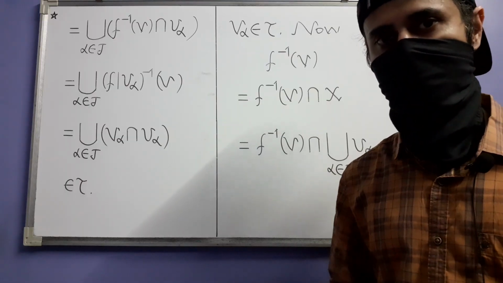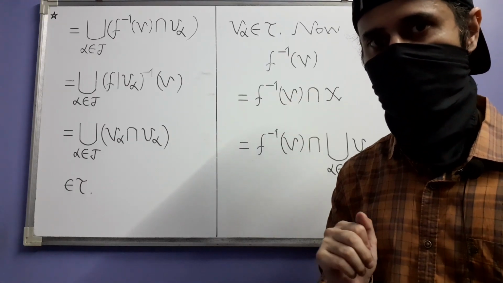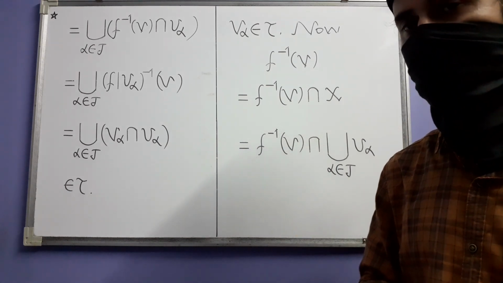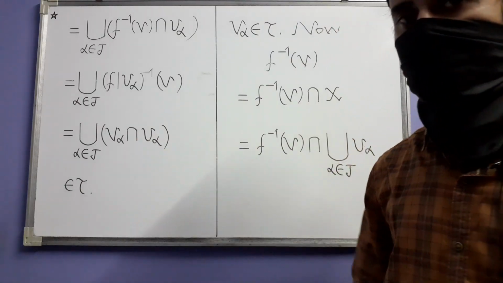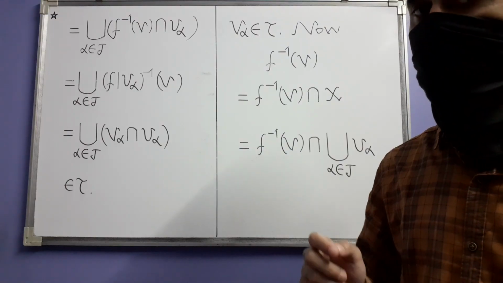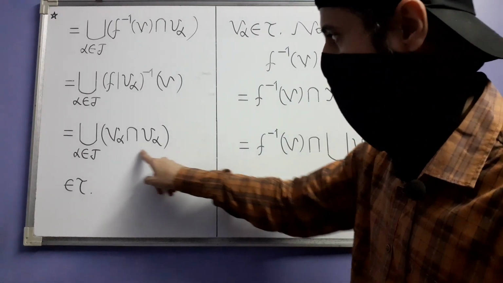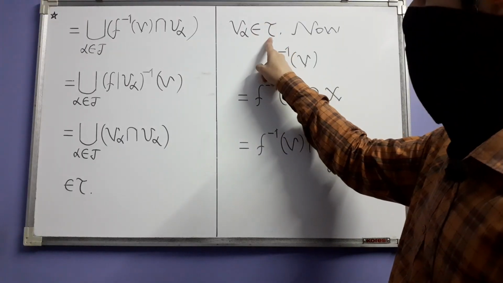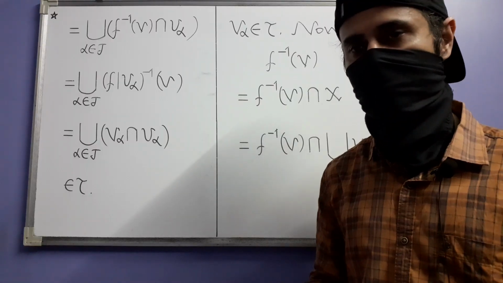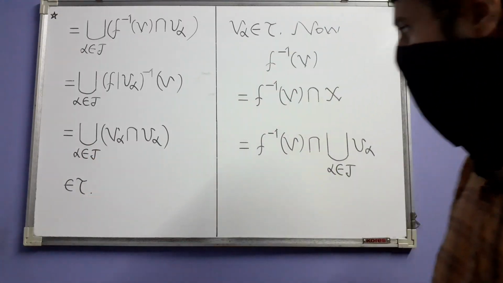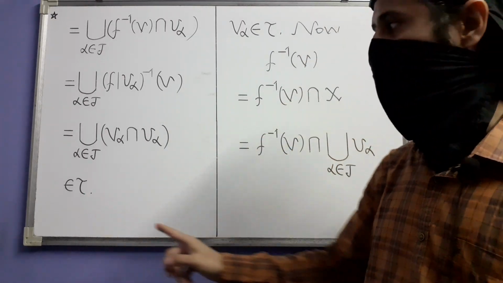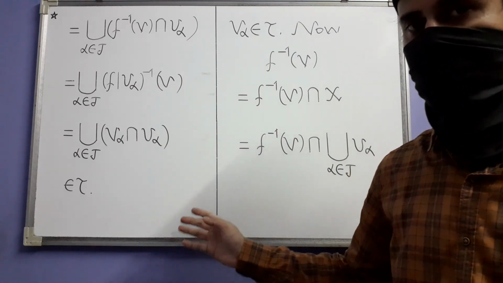They are also open in X. In the hypothesis itself, it's given that the U alphas form an indexed family of open sets in X. So this is an intersection involving two open sets in X, so this is open, that means this intersection is again in the topology tau. And this is an arbitrary union of such open sets, which is again open. So that's how this belongs to tau. So that's how f inverse of V belongs to tau, and this is what you wanted to show. So f is continuous. You write the last line and complete the proof.